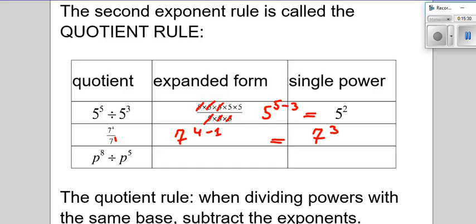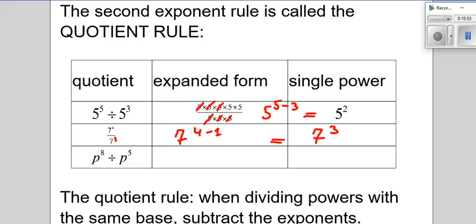If you cancel between the top and the bottom, all we're left with is 5 squared. And then there is a shortcut where we subtract the exponents. Instead of writing out the expanded form, we can just write it as 5 to the power of 5 minus 3, which is the exponent. And that is the quotient rule.